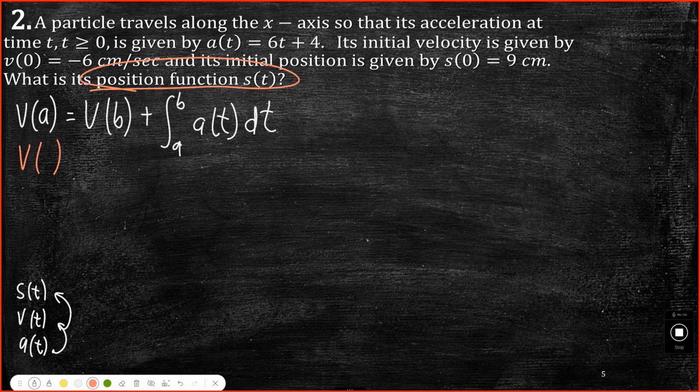We're not trying to find exactly what position it is at a certain exact time. It's just a general one. So a should be what, for any general time? v of t. Let's see. All right, so then that's equal to.